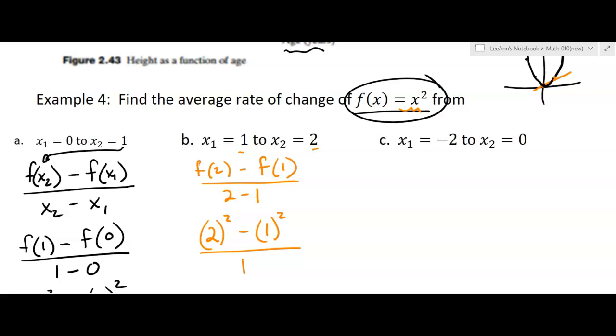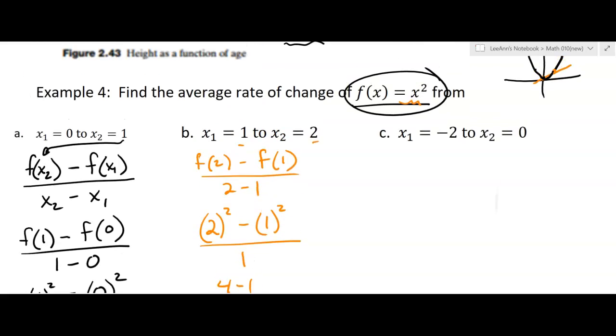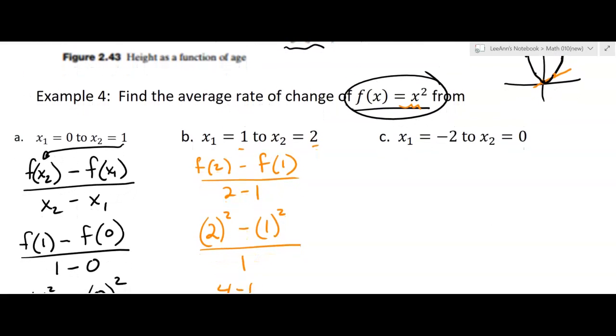And then 2 minus 1 is 1. So what do I get? 4 minus 1 over 1, or 3. That would be the average rate of change. So if I move up, let's see if I can do it in a different color, up to this point, that secant line has a slope of 3.